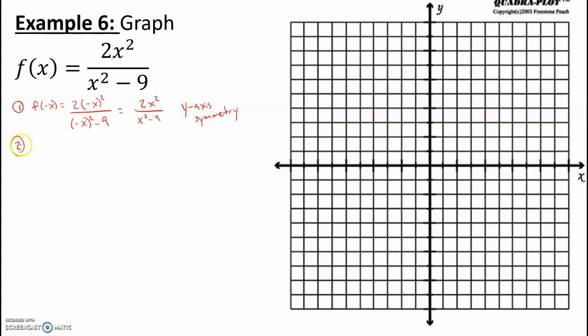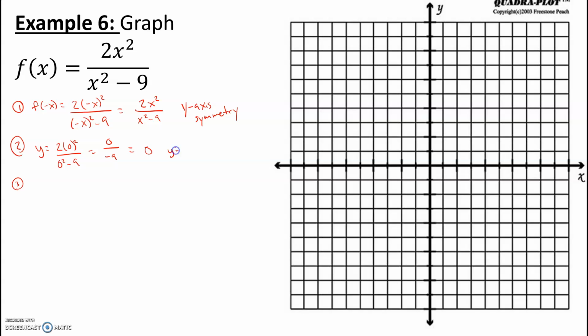Number 2 was find your y-intercept. So we're going to plug in 0 for x. So we've got 2 times 0 squared over 0 minus 9, which is 0 over, we don't really care, but anything, 0 divided by anything is 0. So there's my y-intercept.